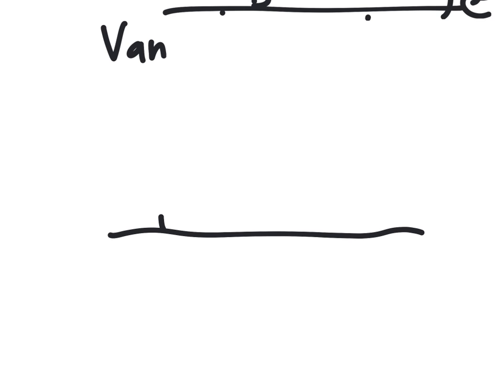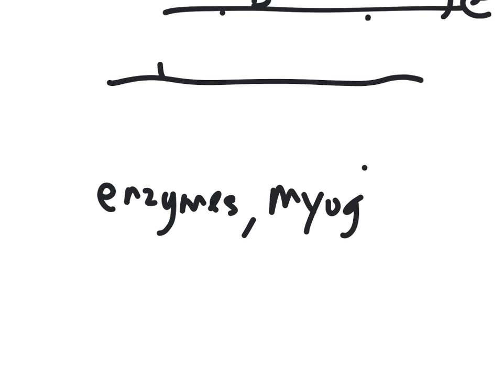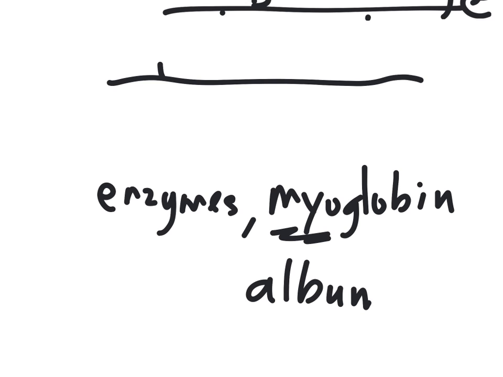Most of the enzymes, which are biological catalysts, and myoglobin, that's also a protein which is in our muscles, myo indicates muscle, that stores oxygen in our body, and albumin, these are examples for tertiary structure in proteins.